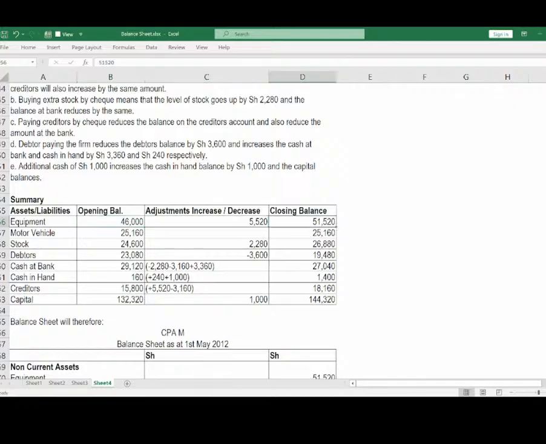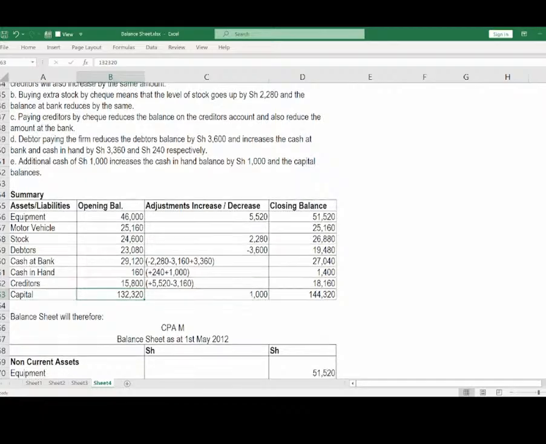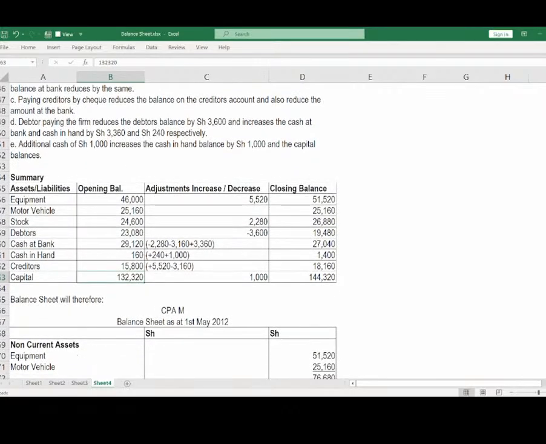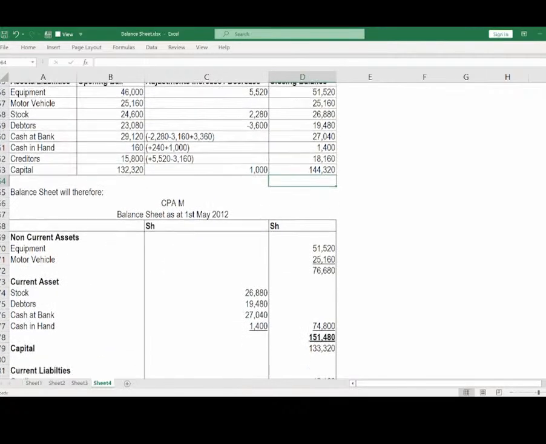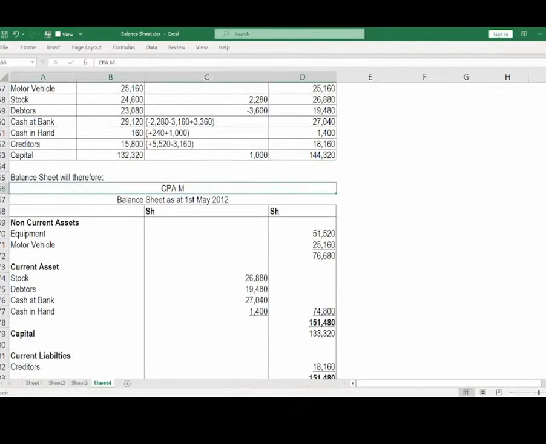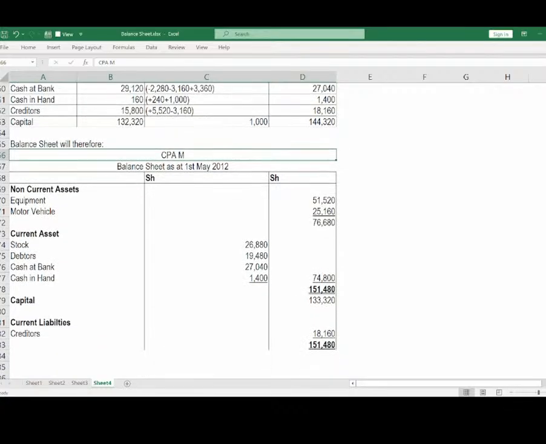So for the equipment, the opening balance of 46 increased by 5,520, it will be as such. So we have motor vehicle the same, the stock, the debtors, cash at bank, cash in hand, creditors, and capital. So these are the adjustments and their closing balance.